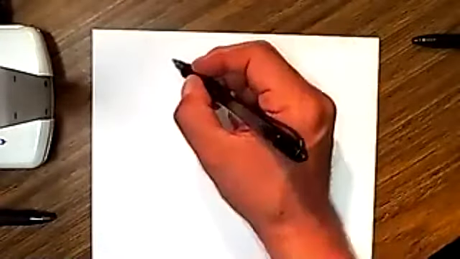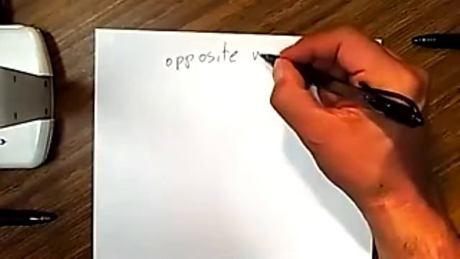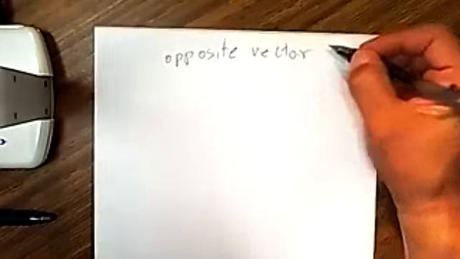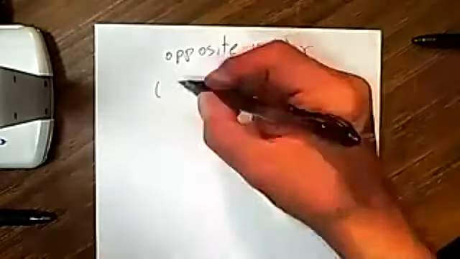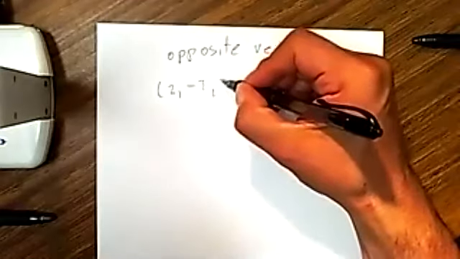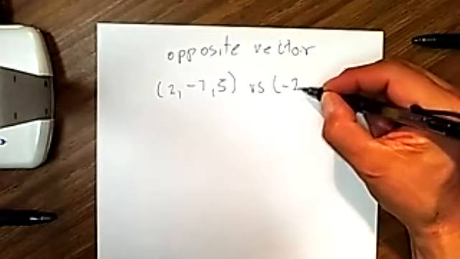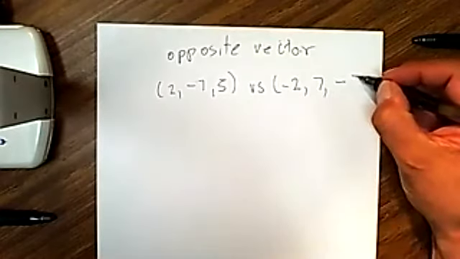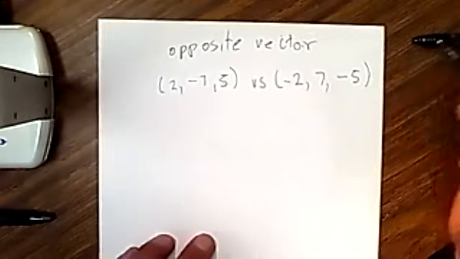All right. An interesting vector is the opposite vector. So if you have a vector 2, -7, 5, its opposite, which is -2, +7, and -5, can be found by multiplying by -1.